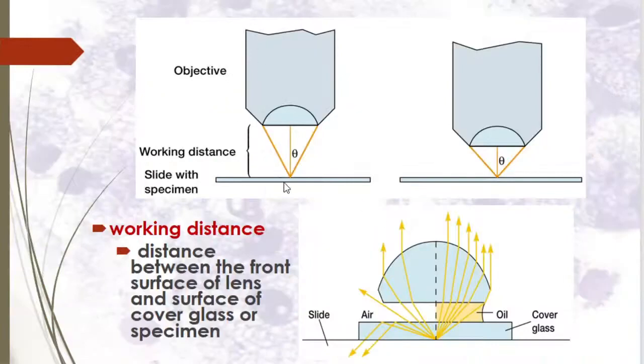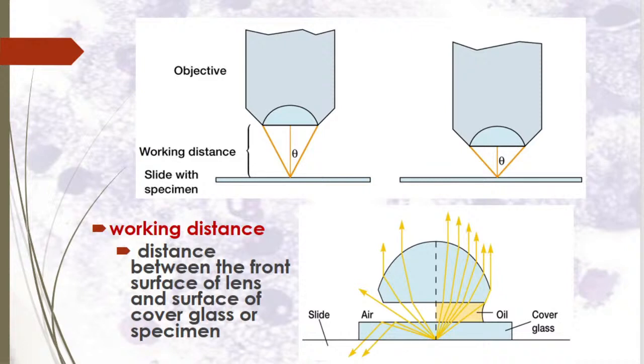Here is an example of the structure between the objective lens and the objects. This is the angle. This angle can be changed as an effect of the environment. That environment may be air, or it may be oil if we have to use a special immersion objective lens.